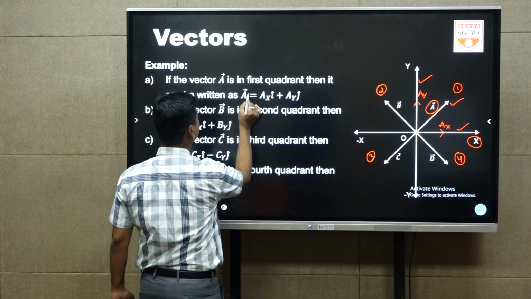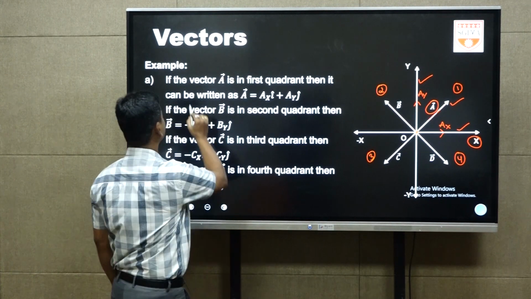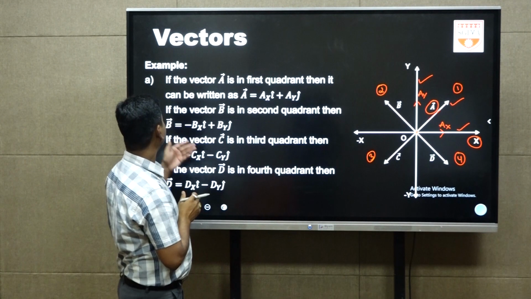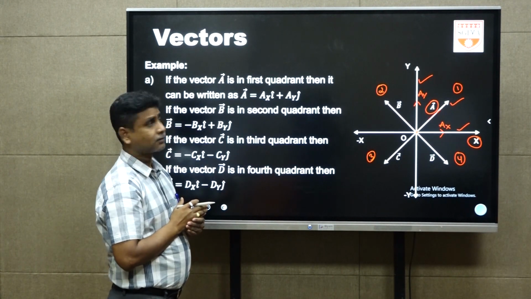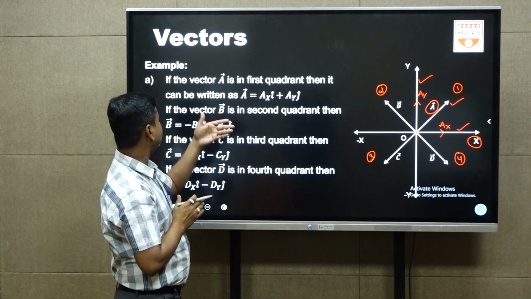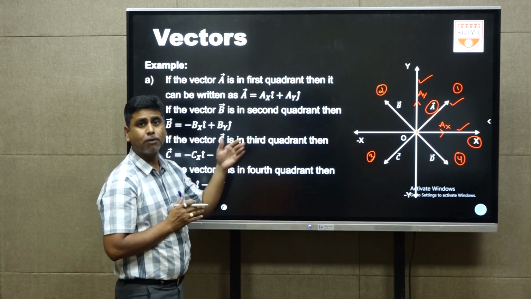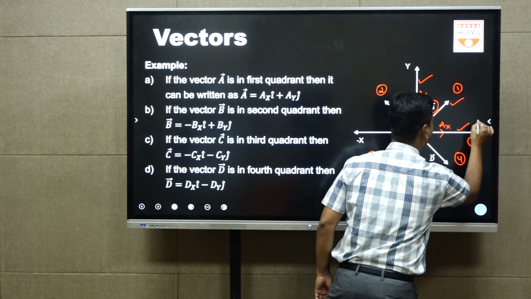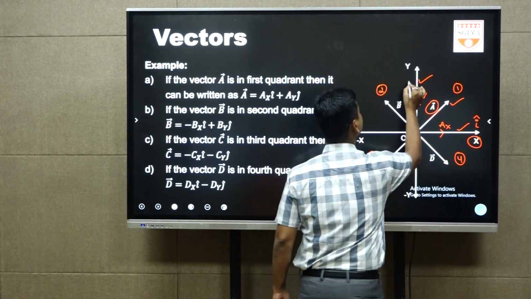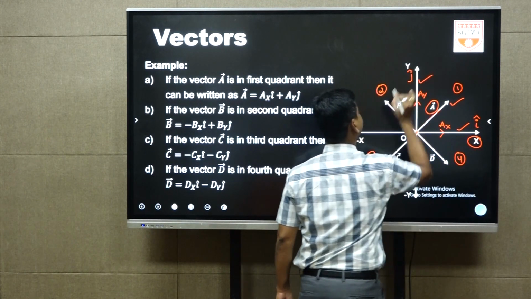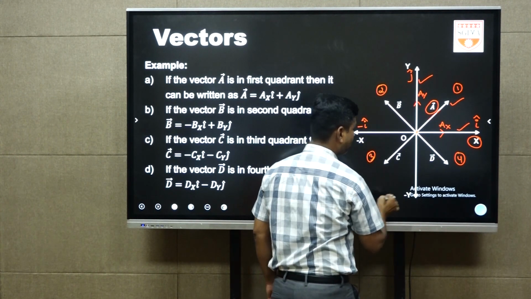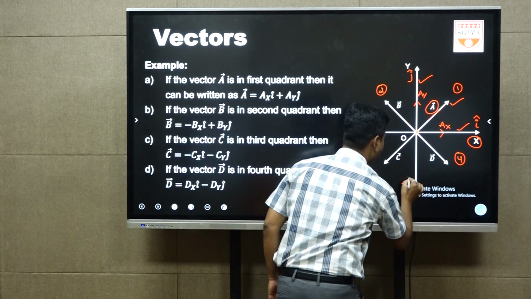Here we can write the A bar vector. If the vector A bar is in the first quadrant, then it can be written as A bar equal to, positive x direction unit vector is i cap, positive y direction unit vector is j cap, negative x direction we can take minus i cap, negative y direction minus j cap.